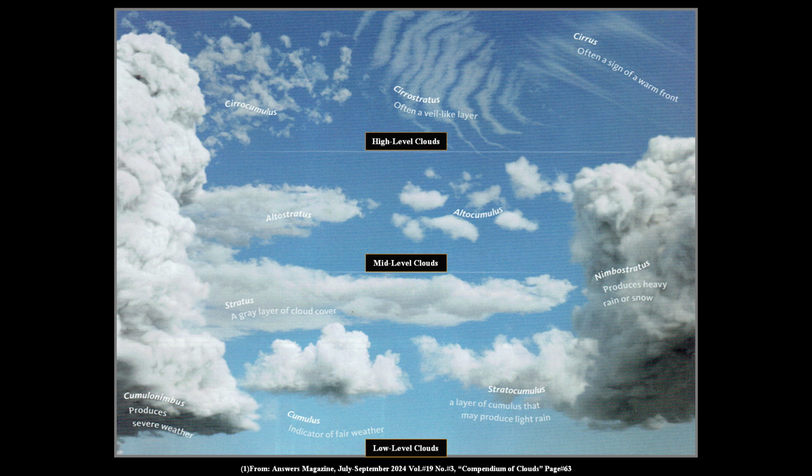And then down towards the bottom there, you got the gray layer of cloud cover. And then you can see the clouds over there produces heavy rain or snow. The darker clouds are more producing like the severe weather. And then the lighter clouds, you got more of fair weather, or maybe a layer of clouds that may produce a light rain. And so that's the type of cloud that you'll see.